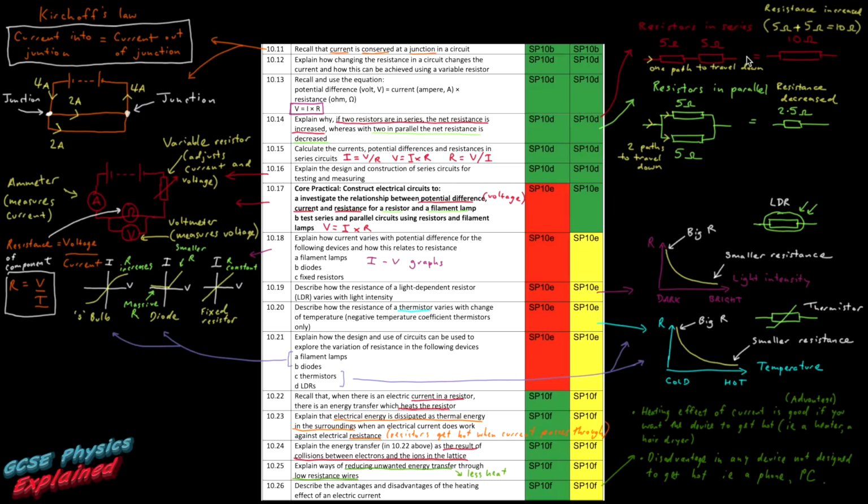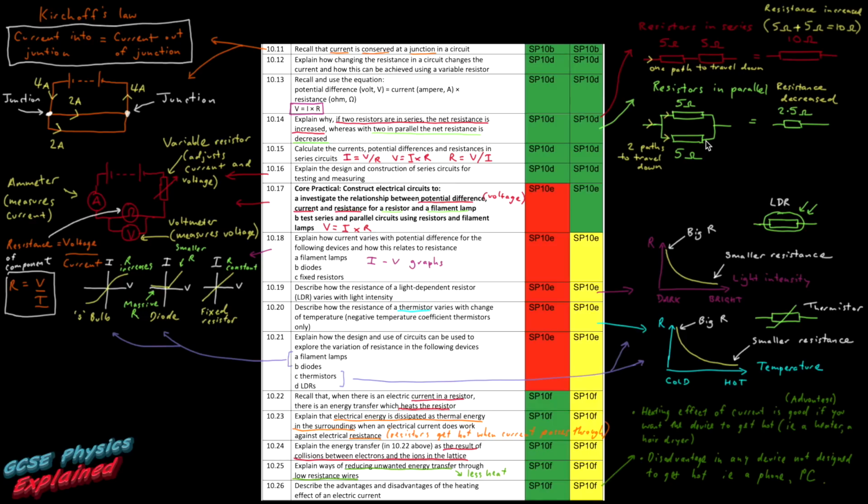So that would be the equivalent of going through a 10 ohm resistor, because there's only one path to travel down. Whereas resistors in parallel, there's two paths or more to travel down. So that gives the current the opportunity to take one of two paths. So it doesn't have to go through both resistors, it goes through one or the other.